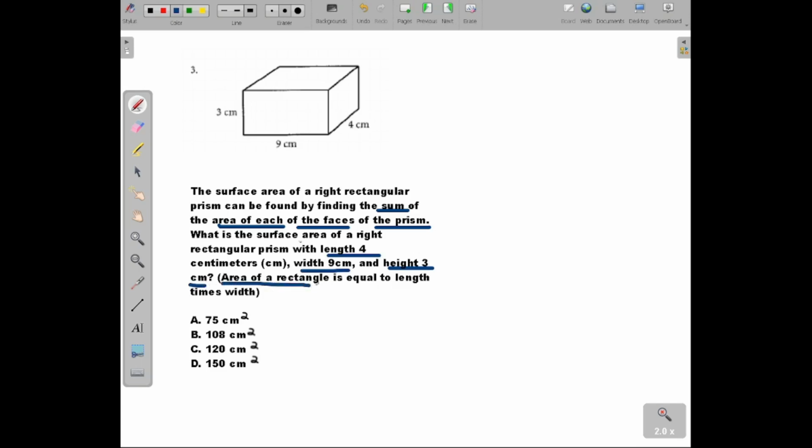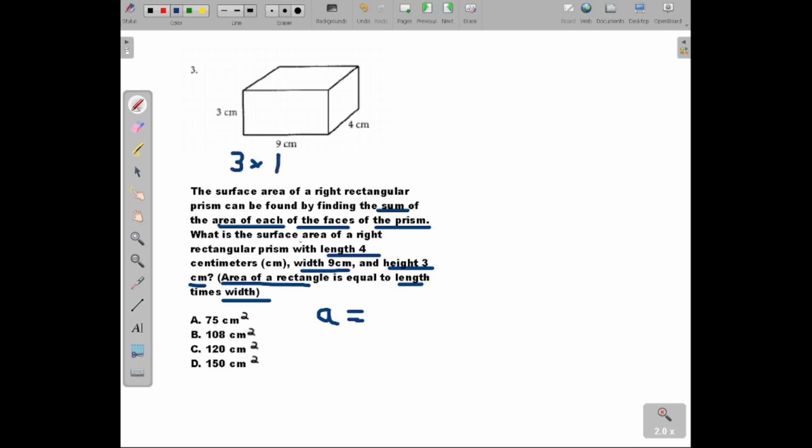And the area of a rectangle is equal to the length times width. So we need to find the area, and the problem is stating that it is equal to the sum of the area of each of the faces of the prism. And we have 3 faces.